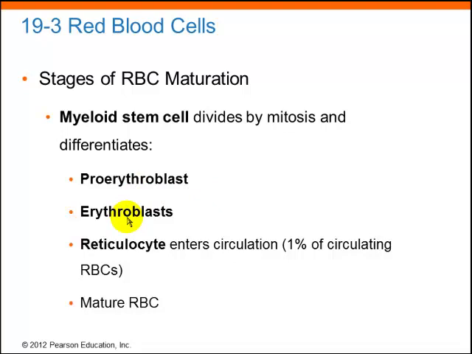Erythroblasts go through 2 or 3 stages before they become reticulocytes, and the reticulocyte is the one that enters the circulation. About 1% of your circulating red blood cells are actually reticulocytes. And they're called that because you can still see just the shadow of a little bit of endoplasmic reticulum if you look at them under the microscope. And then in a few days, the reticulocytes will mature into a red blood cell.